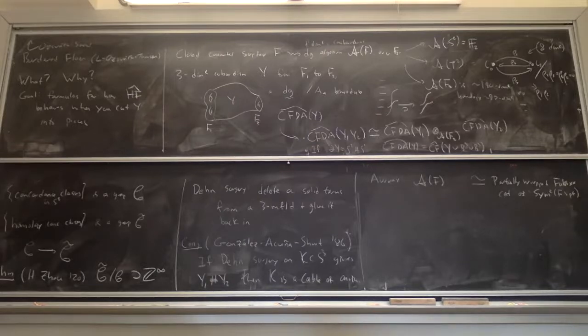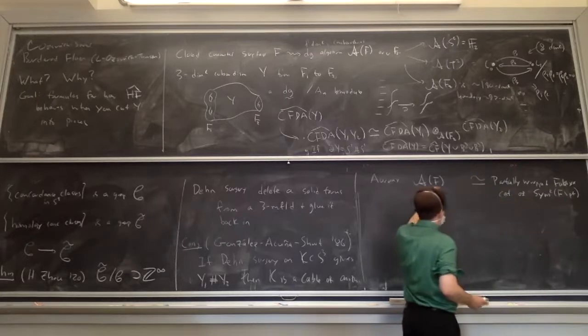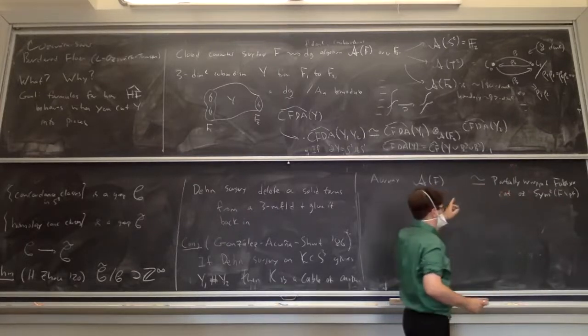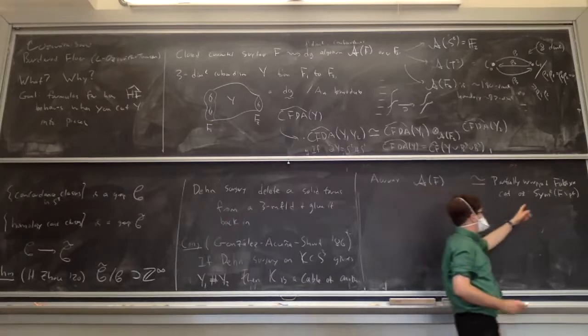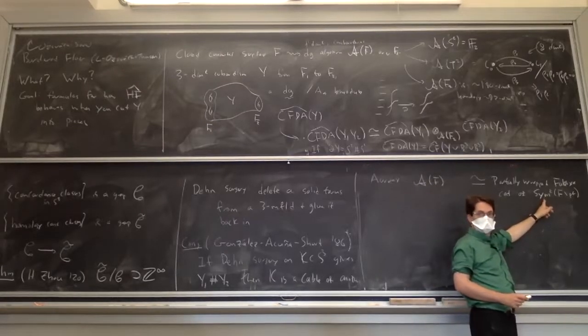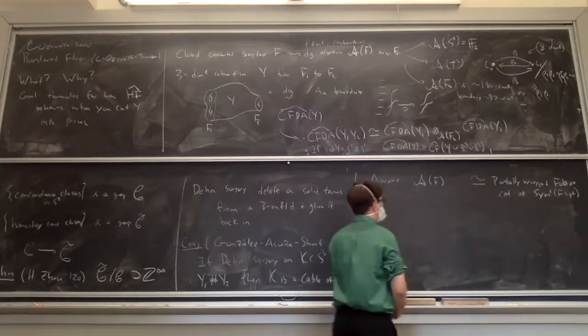Which is nice. It's not how we came up with this A of F, but it gives another geometric interpretation of what this was. And in the other direction, it gives a computation of what this Fukaya category is. If you're trying to do a computation of the Fukaya category, you can do it over here with this finite dimensional algebra. It's sort of nice.